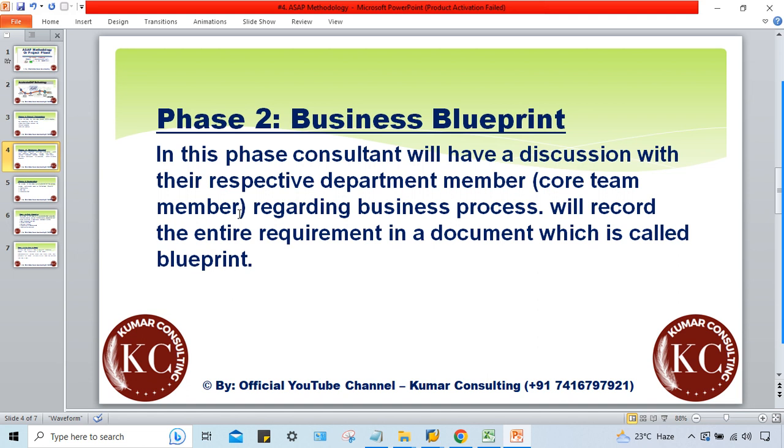This is the standard word, guys. Core team member. In shortcut, it is called CTM. CTM. Core team member. Core team member is a person who represents that particular department. Let's suppose if you are a finance consultant, you have to discuss with the core team member of finance department.